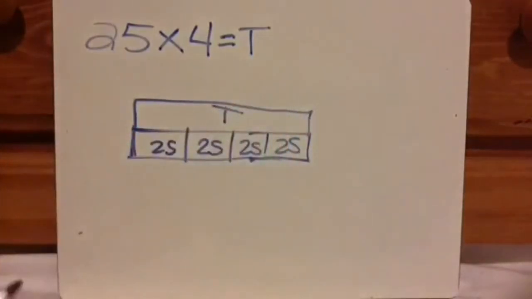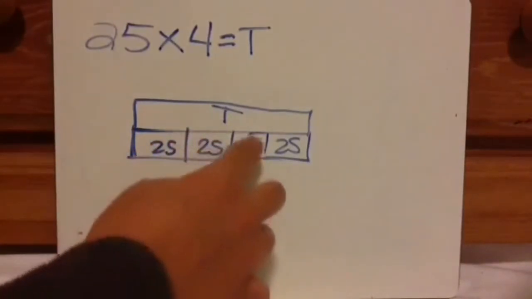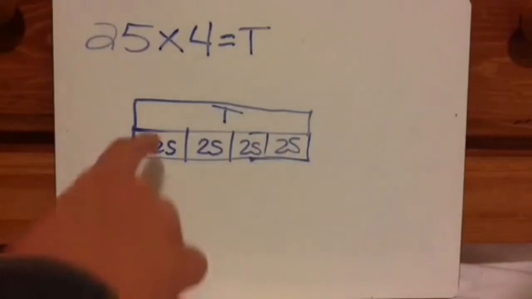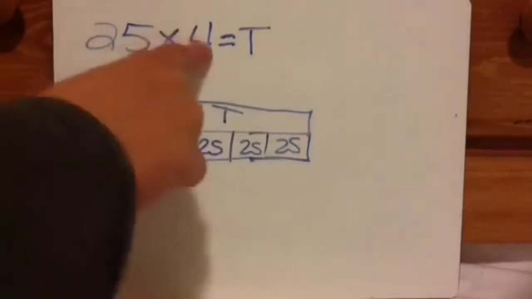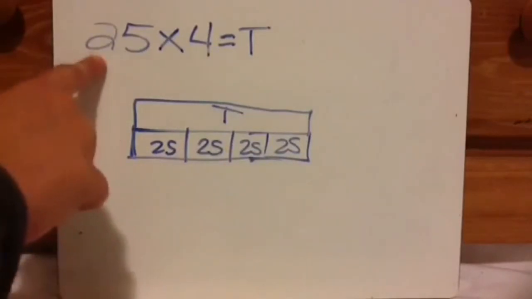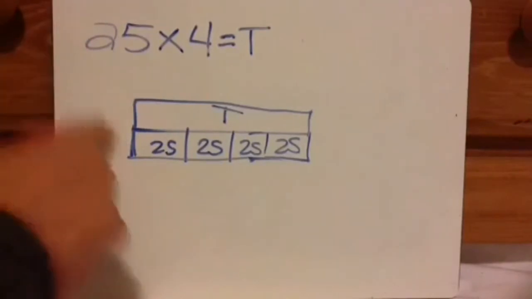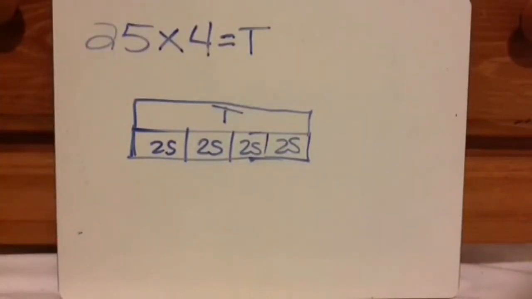So what you need to realize is, even though this looks like 25 plus 25 plus 25 plus 25, it's also 4 groups of 25. And so when I look at this representation, I think of 25 times 4. Or if I'm given 25 times 4, I can represent it with 4 boxes of 25. Think about it.